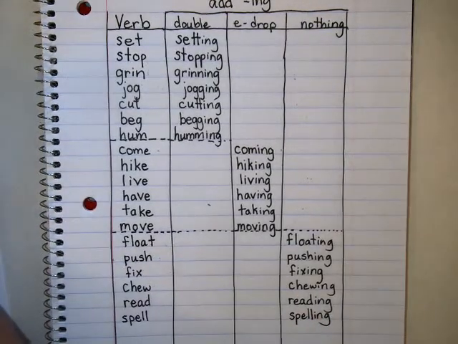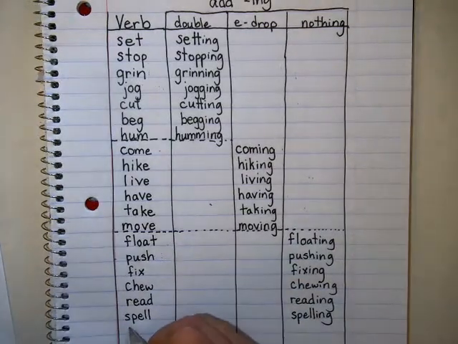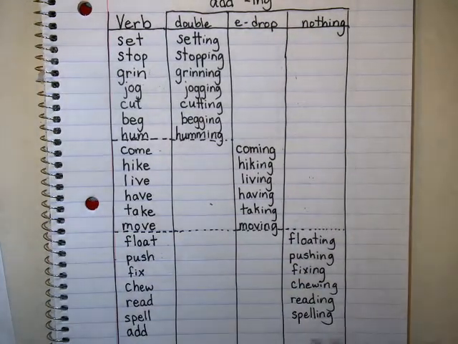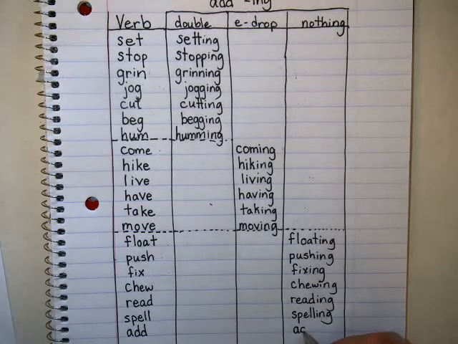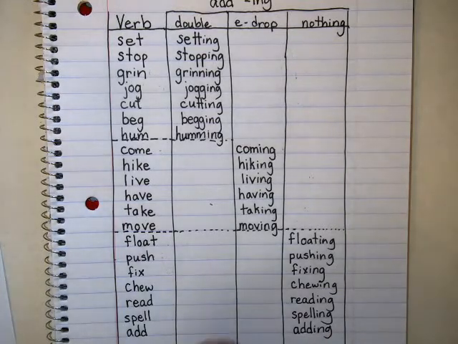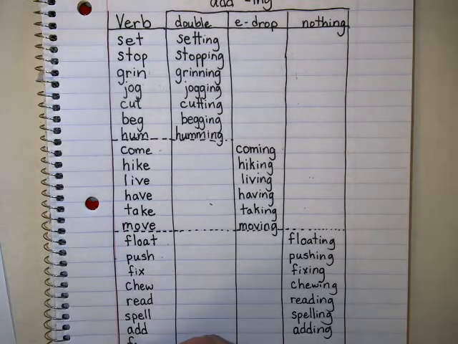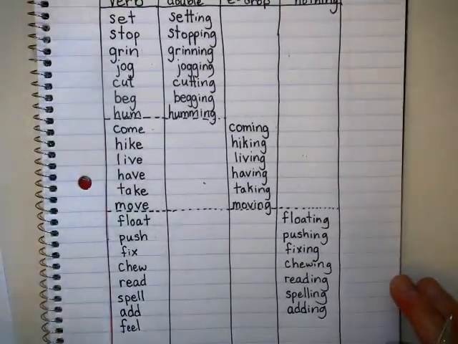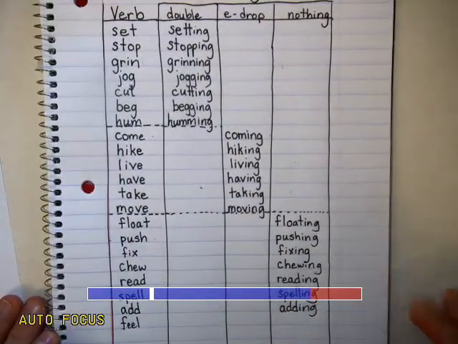Okay. Then your next word is add. Alright, and you're just going to do adding. Your next verb is feel. Okay, and that's going to be feeling.